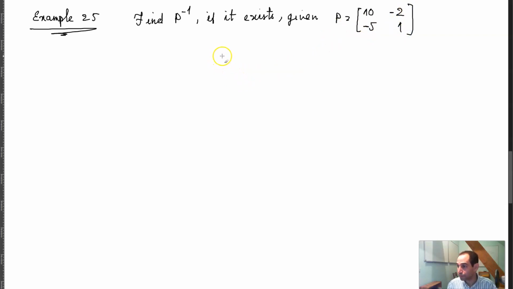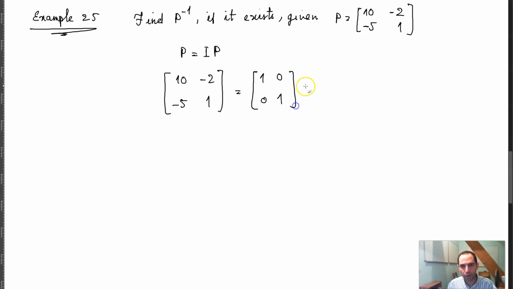So it seems that the solution that they have chosen is row operations. So in row operations you write your matrix as P is equal to I times P, because you want to do the row operations on the matrix on the left, and therefore I write basically 10, -2, -5, and 1, and I write it as I, which is basically 1, 0, 0, 1 times P, and do the row operations on this matrix.